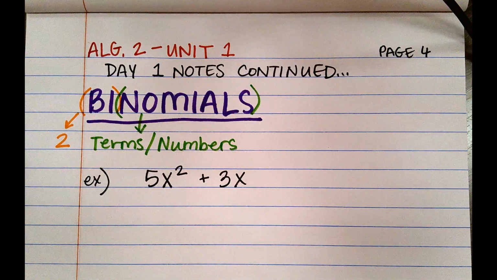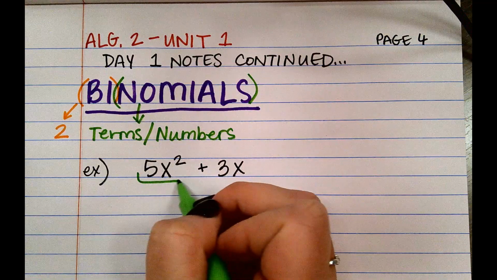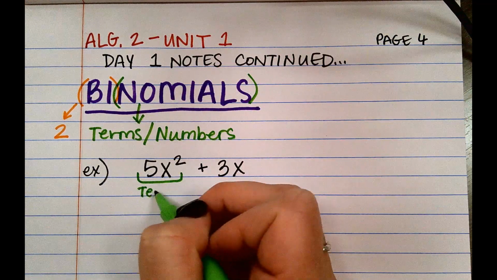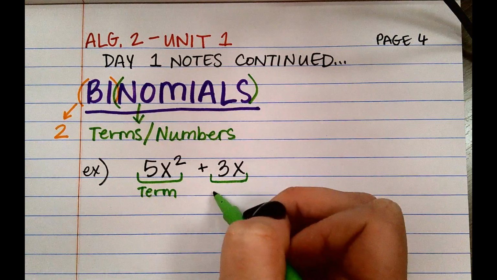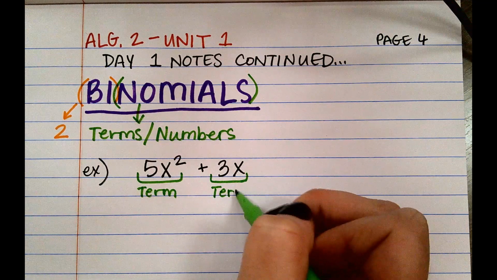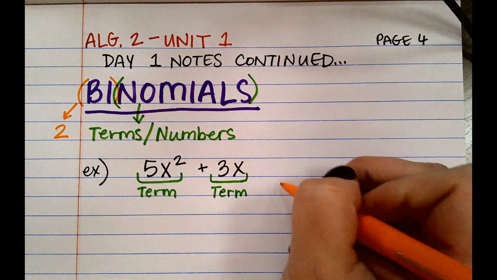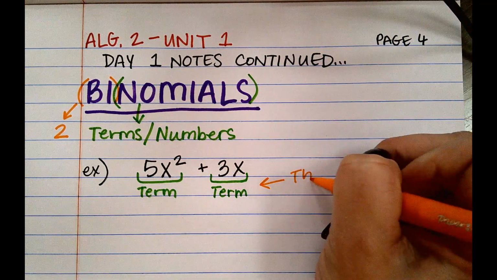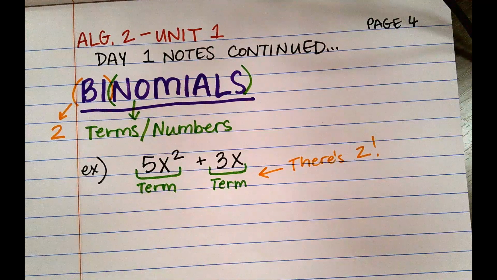So it's a binomial. 5x squared is a term. 3x is a term. And there's two. There you go. That's a binomial.